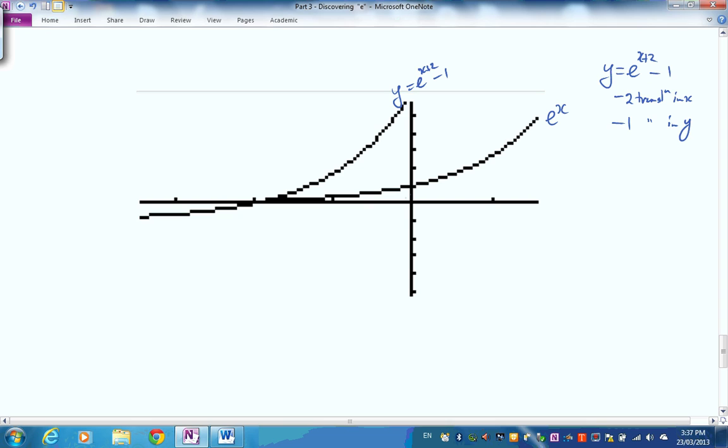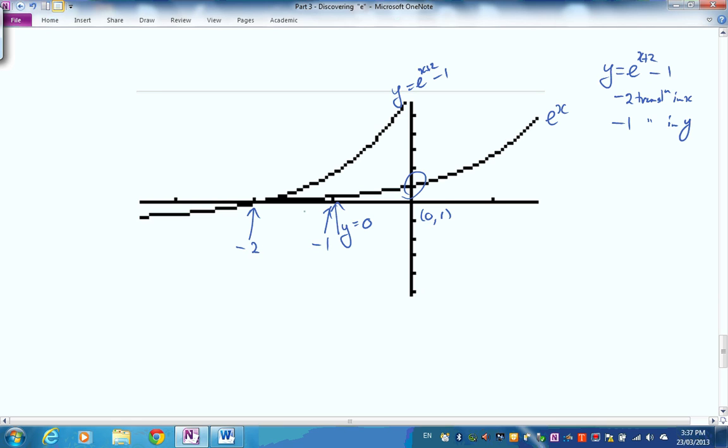Can we see that? Well, here, still going through (0, 1), e to the x, asymptote at y equals 0, or the x-axis. Now we're going to move all the points negative 2. Let's have a look at our scale here. This is the point negative 1 for the x, negative 2.